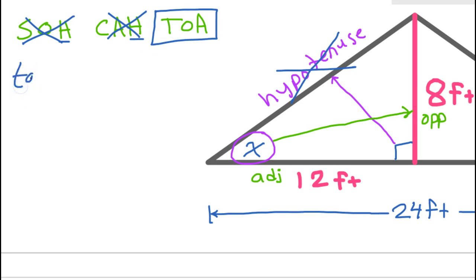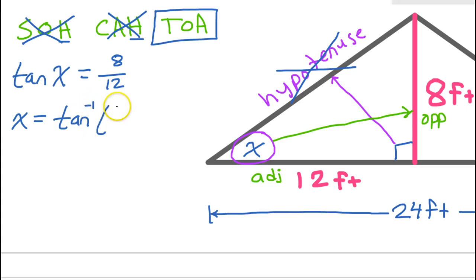So we will use the tangent function, and we will write the tangent of the angle that we circled, even when that angle is unknown. That's what goes inside the trig function. So tangent of the angle is equal to opposite over adjacent. That's what TOA tells us. So that's going to be 8 over 12. When the variable is inside the trig function, that's when you need the inverse trig function. So we will solve this by doing the inverse tangent of 8 over 12.